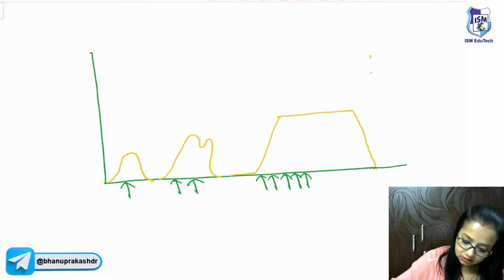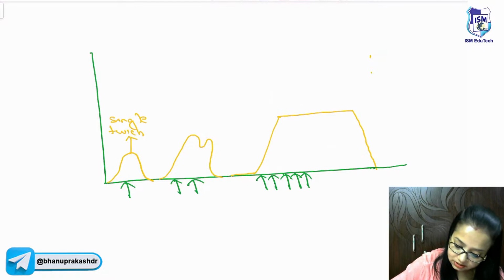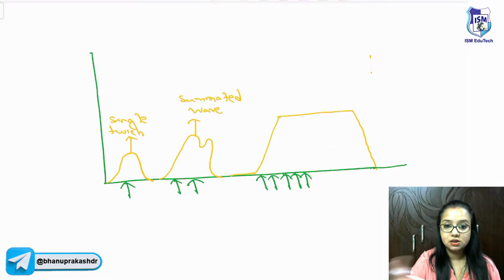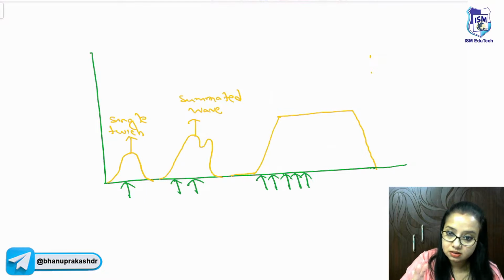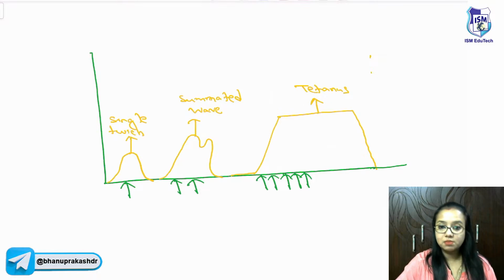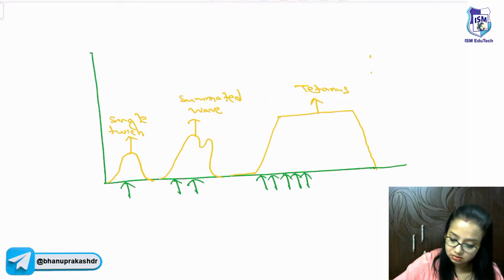So, this is a single twitch in response to a single stimulus. This is a summated wave in a skeletal muscle fiber when two consecutive stimuli are given back to back and the second one is in a relative refractory period, and this one is a tetanus in which numerous stimuli are given back to back constantly without stop.